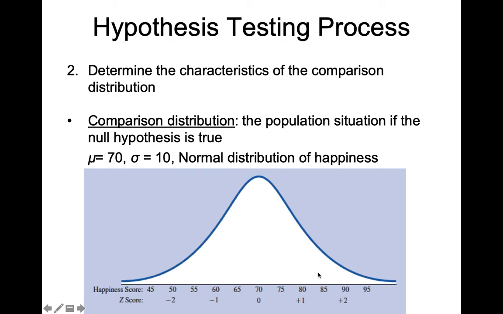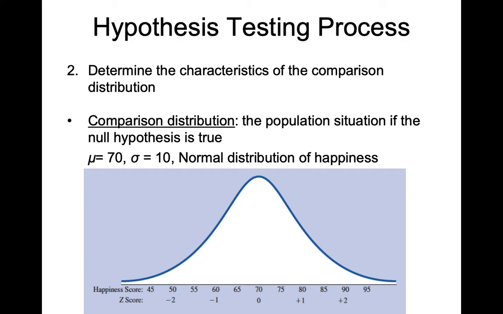All right. Now the second step is to determine the characteristics of our comparison distribution. The comparison distribution is just the population situation if the null hypothesis is true. Well, if the null hypothesis is true, if money does not lead to happiness, then the population of people with money should be just the same as people without money.